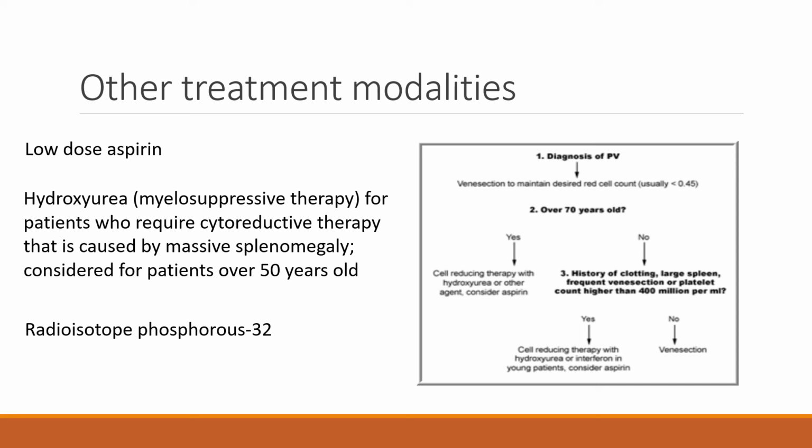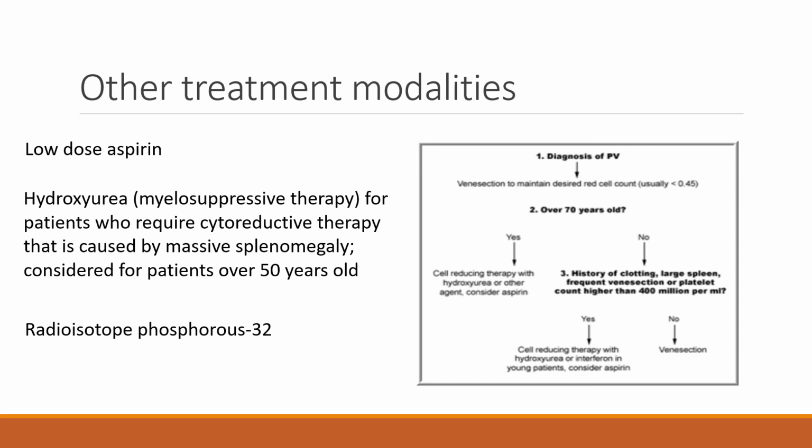If it is positive, they will suggest cell-reducing therapy with hydroxyurea or interferon in the young patients. Consider aspirin. If the result is negative, they will suggest venesection. The venesection is the phlebotomy.